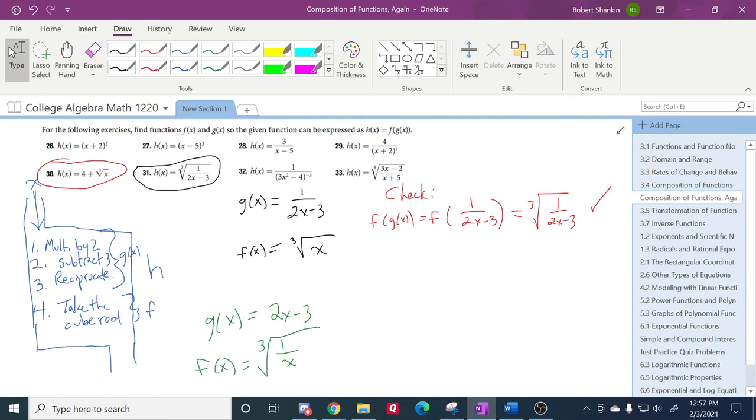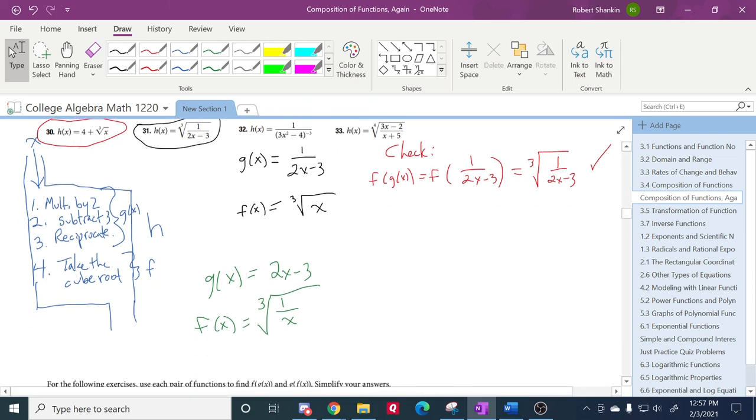Alright, so if I told you x is 8 and I had you compute h of x, what's the first thing you would do to the 8? You would take the cube root of it, and then you would add the 4.